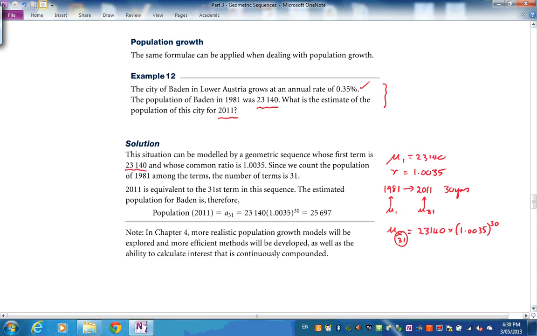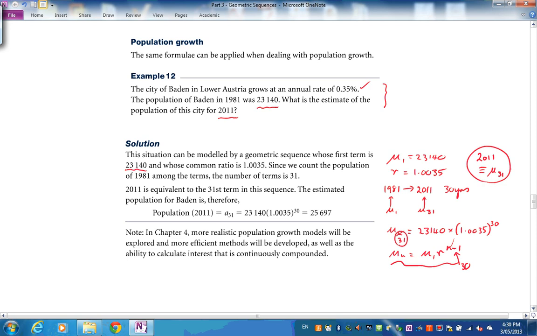Using the formula, mu n is mu1 times r to the n take 1. So that's why this power will be 30, not 31, because our term in that final year of 2011 is equivalent to mu31. That's the problem there.